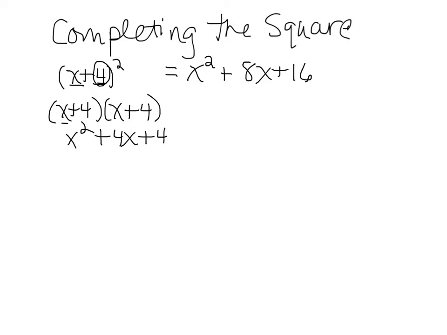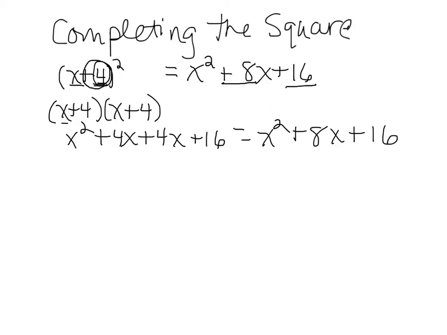Inner also gives me 4x. Last gives me 16. What I find out is, again, it's x squared plus 8x plus 16. So if you look at the relationship between this number, 4, the middle number is twice that, and the third number is that squared.